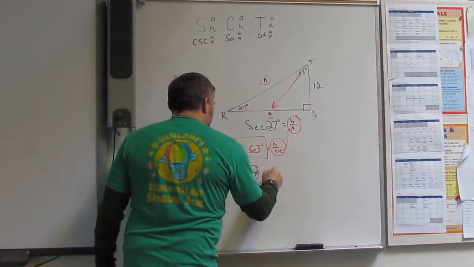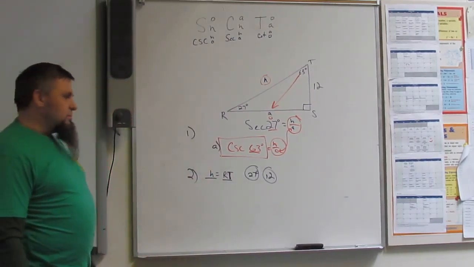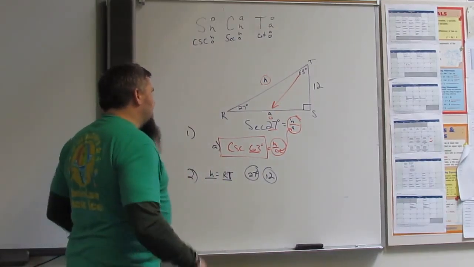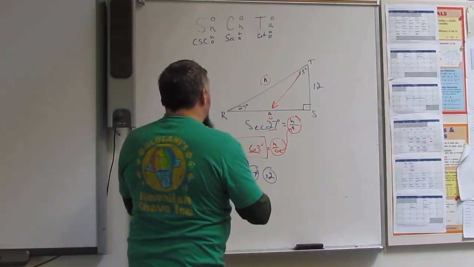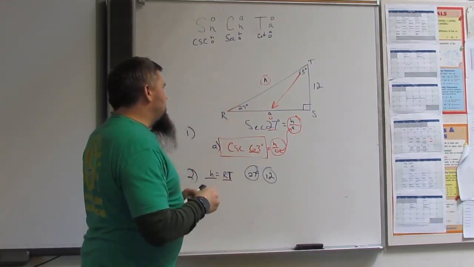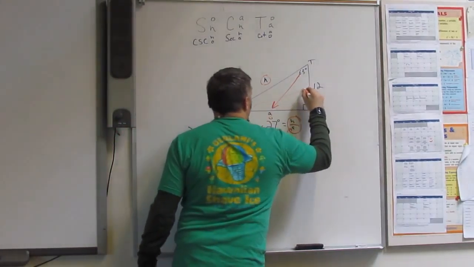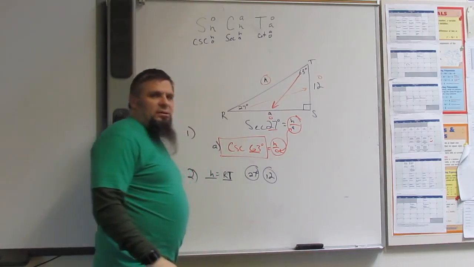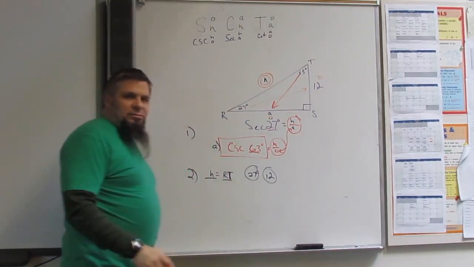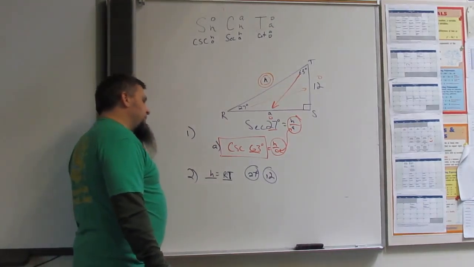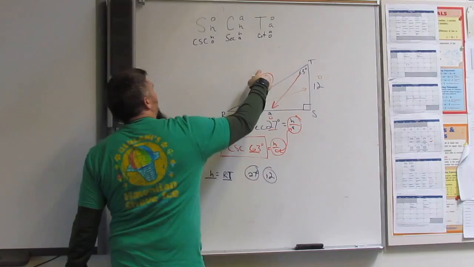So I'm thinking, what uses 27 degrees? I'm dealing with 12, which is opposite, and H, which is still H, or RT. So what I'm dealing with is O and H.